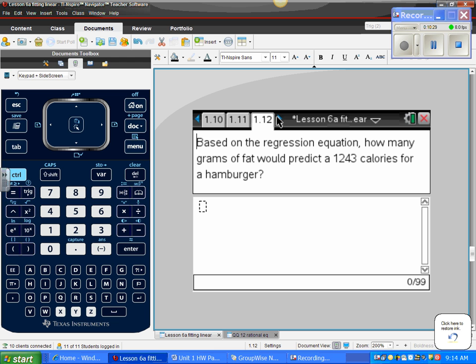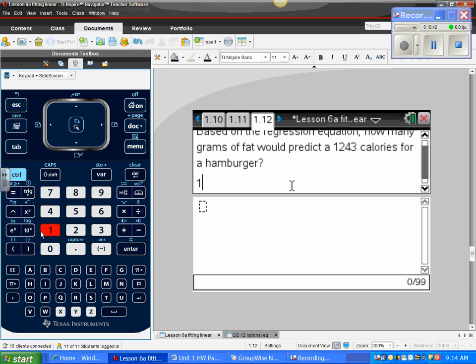Okay, so based on the regression equation, how many grams of fat would predict a 1,243 calorie hamburger? So how do I do this one? Yeah, I have to plug 1243 in for y. So 1243 equals 12.1432x plus 156.787.